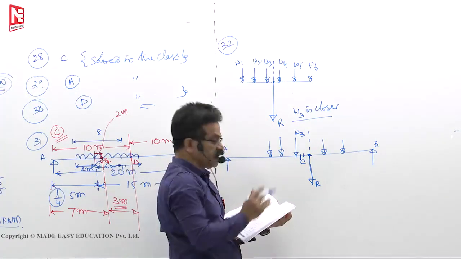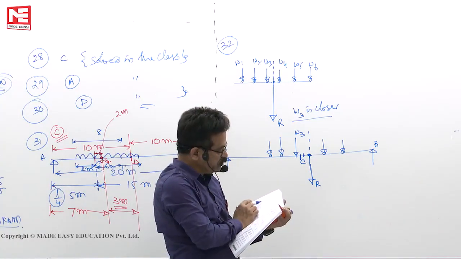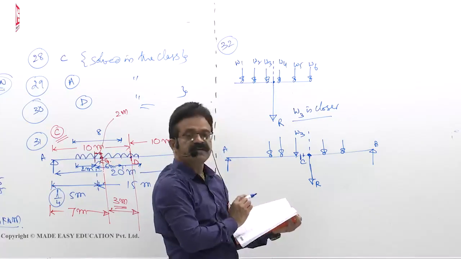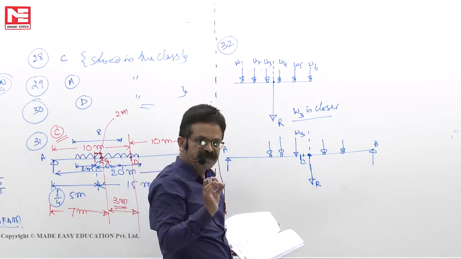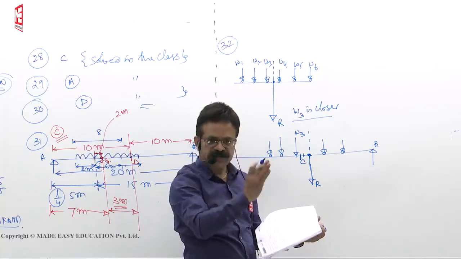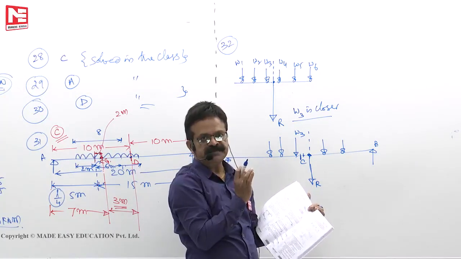It will happen under a load, not in between. That's how you have to remove B. In between will never happen maximum bend moment. Always maximum bend moment happens under the point load. Then which point load? Whichever closer to the resultant, that load you will get maximum bend moment.